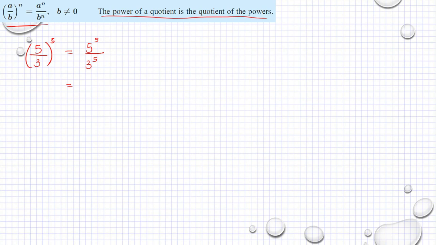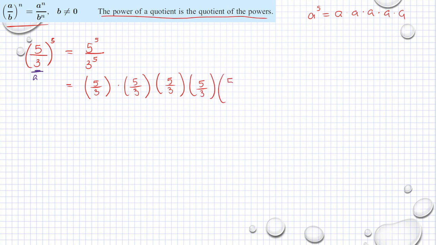Why? Because once again we have a raised to 5 is the same as a times a times a times a times a. Then if the parenthesis is our a, we have 5 divided by 3 multiplied by 5 divided by 3, and then 5 divided by 3, and then 5 divided by 3, one more time.